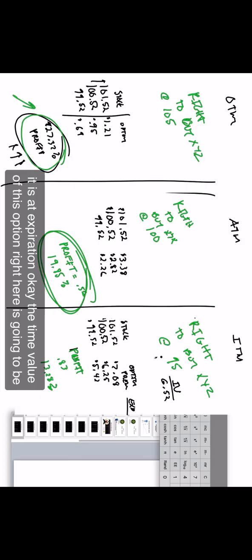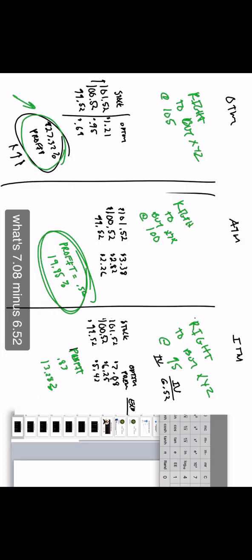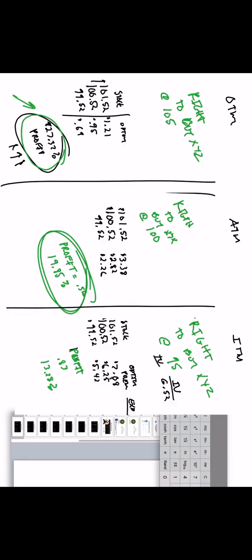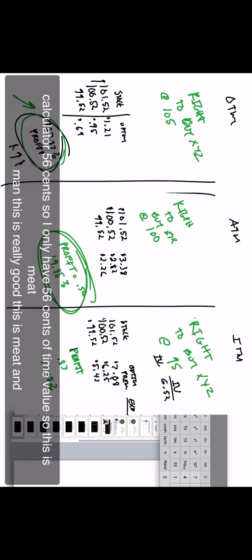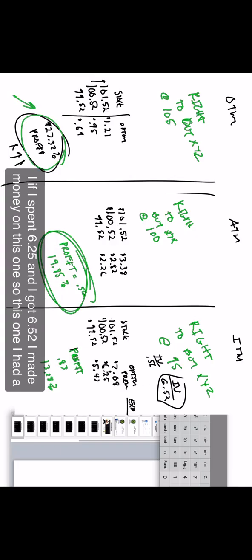Okay. The time value of this option right here is going to be, what's 708 minus 652? I'll trust you to do the calculator. 56 cents. So I only have 56 cents of time value. So this is meat, man. This is really good. This is meat. And if I spent 625 and I got 652, I made money on this one.